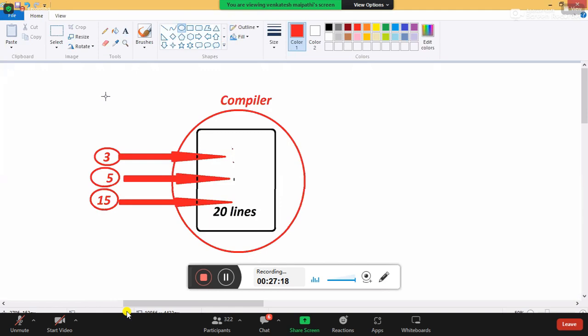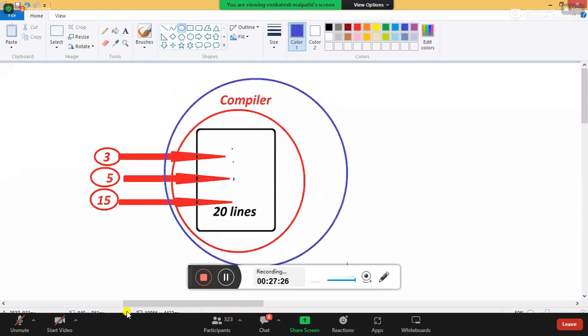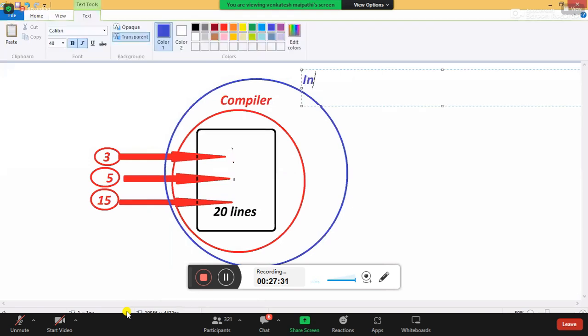Okay. Now the same program I'll give to the interpreter. You come, you also do the work, because I want to know the difference. I have not corrected any errors here. I gave the same program to the interpreter.